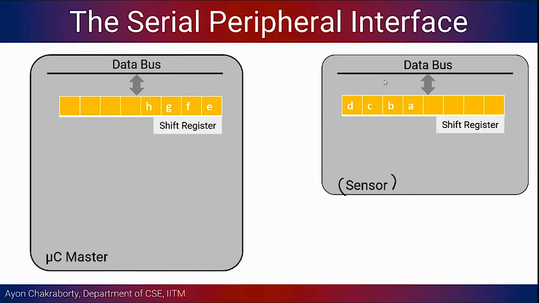If you shift the data towards the right hand side on the master, it is going to be output through the MOSI pin, which is master out, and the data is received inside the sensor's shift register. So if you see A, B, C, and D have already entered the shift register of the sensor, whereas E is going to come now, right, followed by F, G, and H.